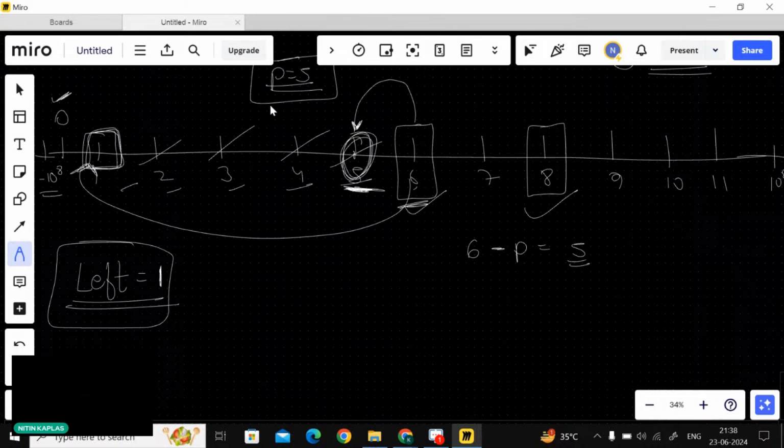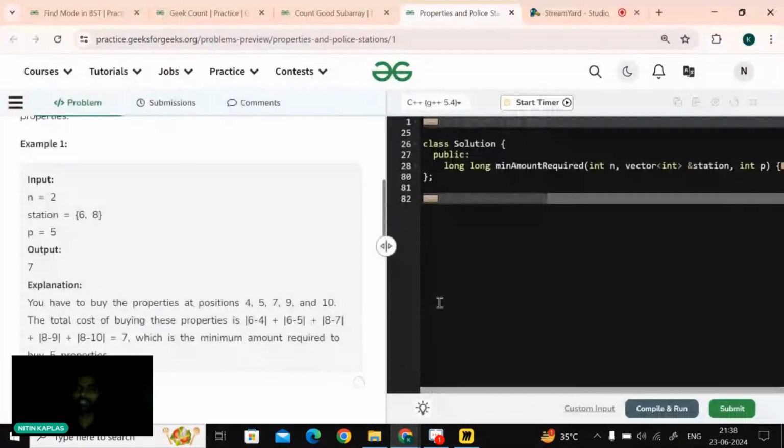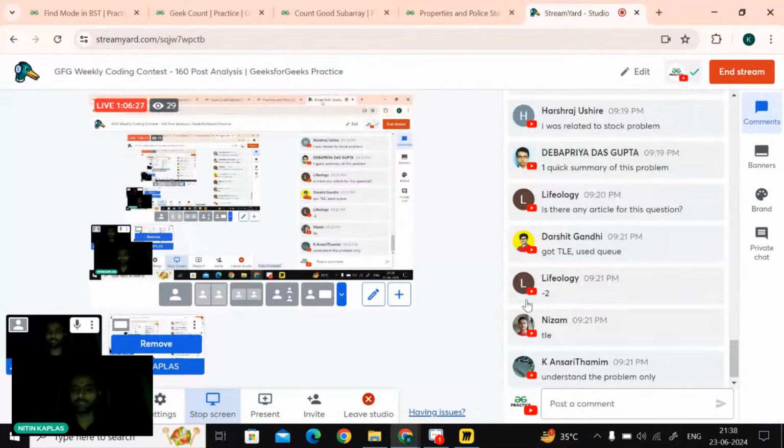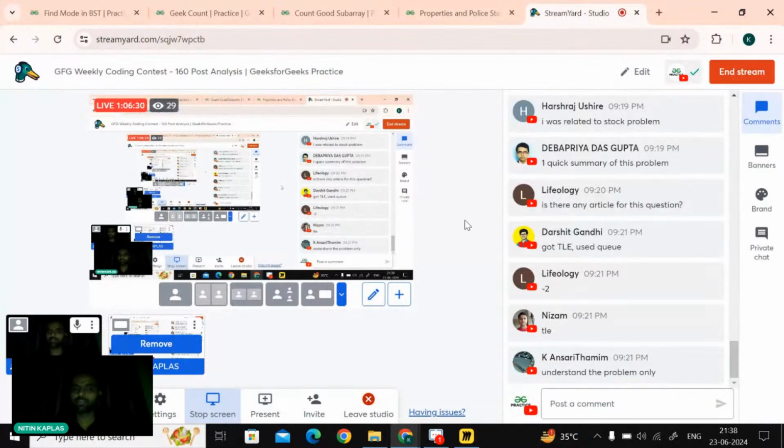So what is the range? Left is 1 and right is P. So that's the range. I hope you understand these two values. If you understand this, please give me +1 so that I can move ahead.